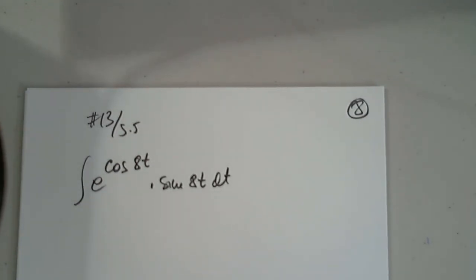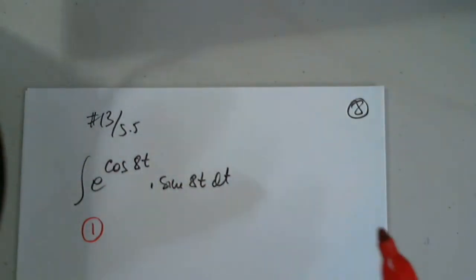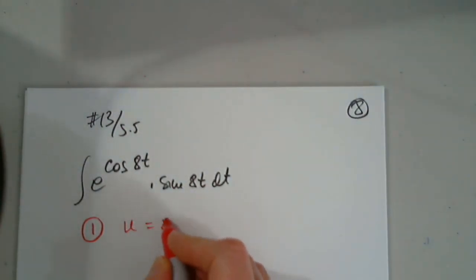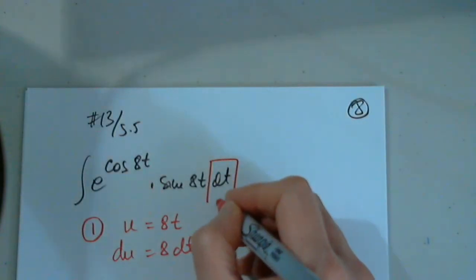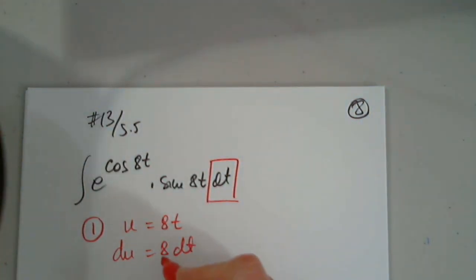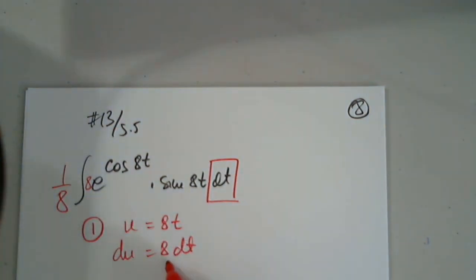This particular situation has multiple layers. So the first substitution that I would like to use, any letter, it doesn't matter, u equals 8t, where du equals 8 dt. So I have this. I don't have the 8. That's really not a problem.